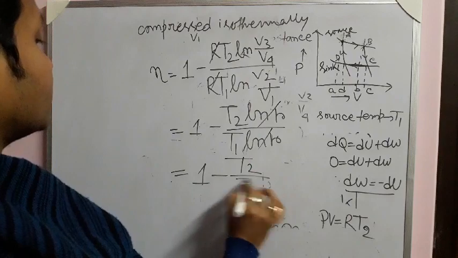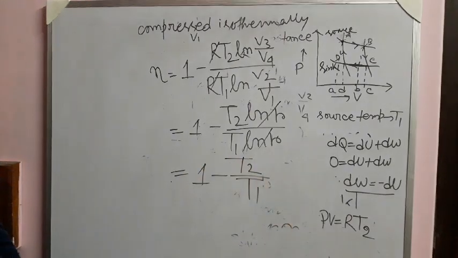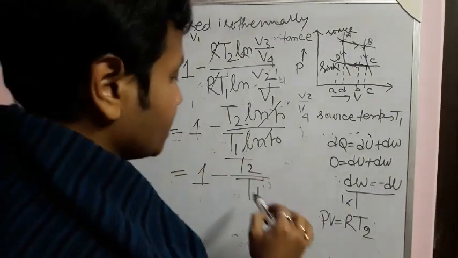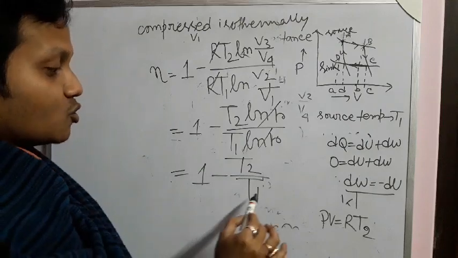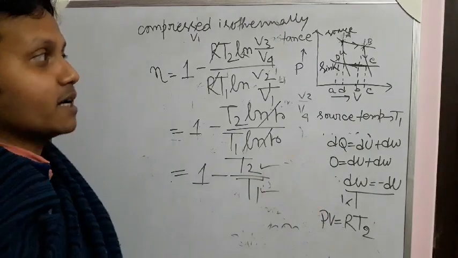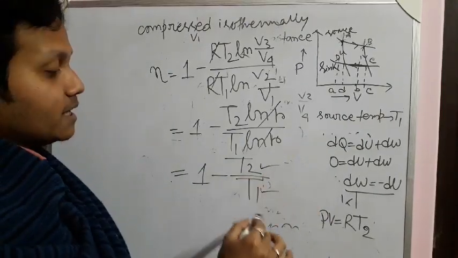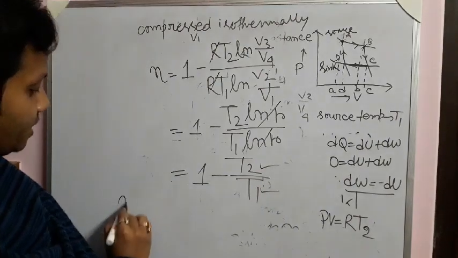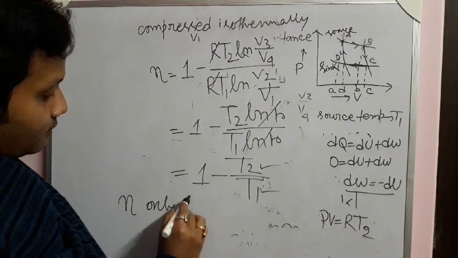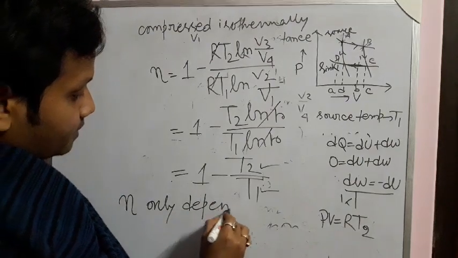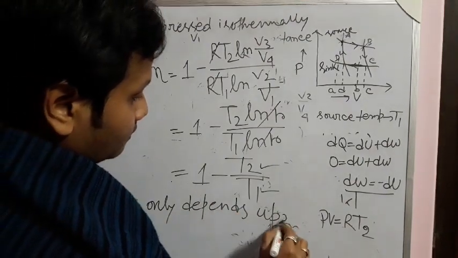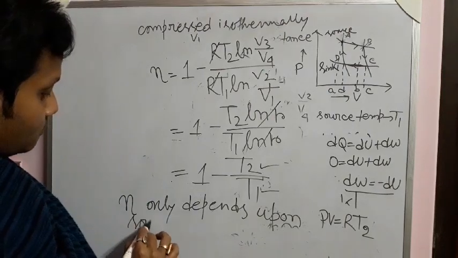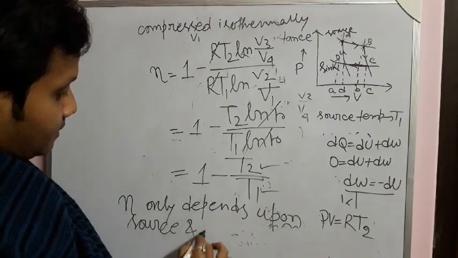Thus, this expression clearly indicates that the efficiency of the Carnot engine solely depends upon the source and sink temperature, and it is independent of the nature of the working substance. Okay, so eta only depends upon source and sink temperature.